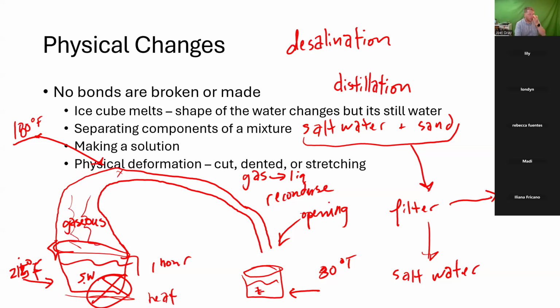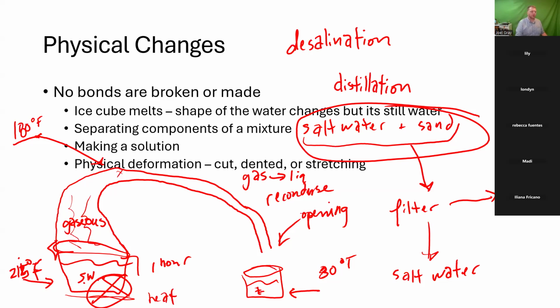Okay, so my point here with respect to physical changes is we started out with a mixture, a complex mixture, salt water and sand. We removed the sand pretty easily, because we could have thrown it through a filter or a colander, almost like a really fine porous one.